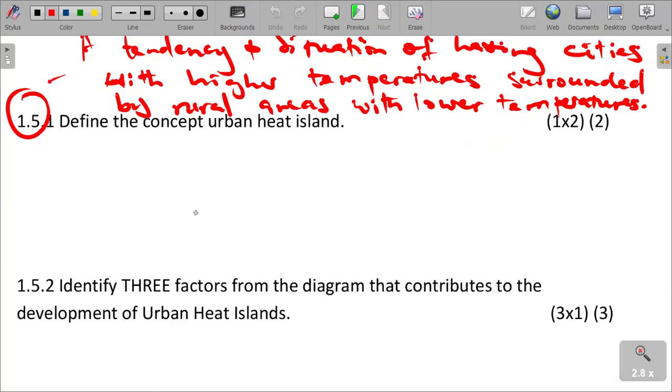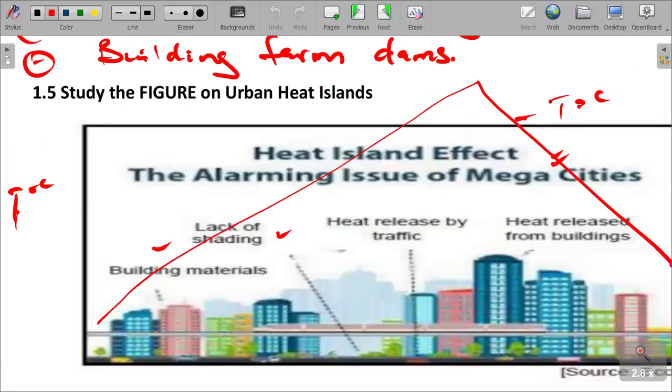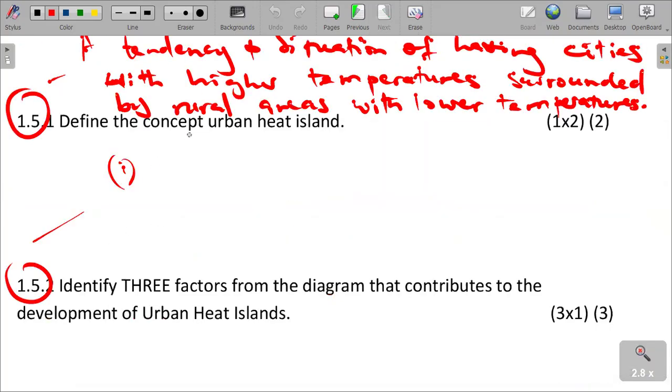And then identify three factors from the diagram that contribute to the development of urban heat island. What is contributing to urban heat island? We talk about building materials that are used there. We talk about heat from traffic, and the channelization of wind because of the tall buildings. These are also contributing.